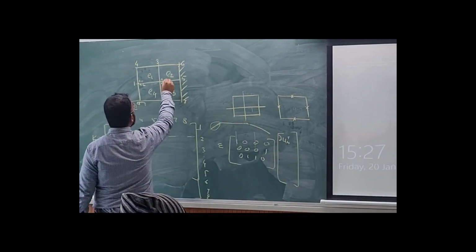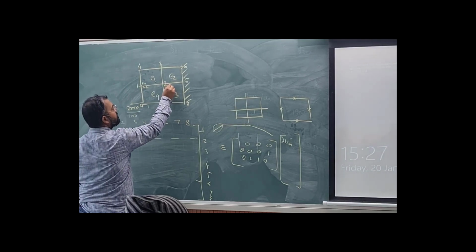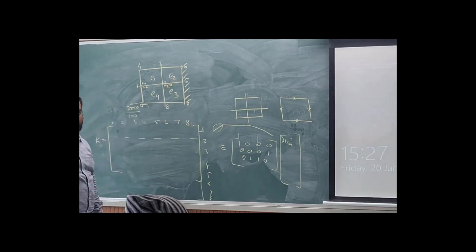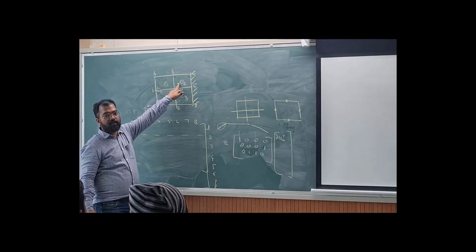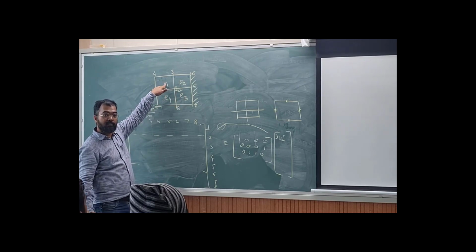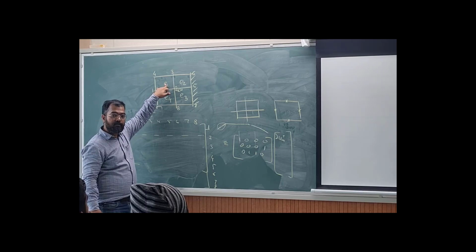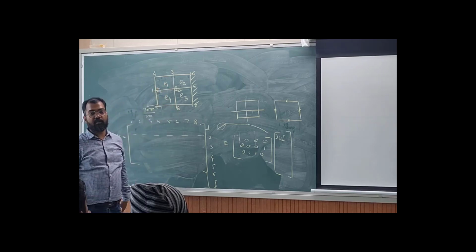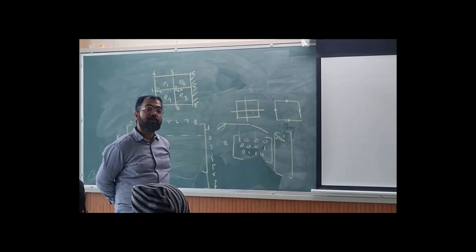In this one also I will get K21 and K22. It is also coming from this element, this element, this element, and that element. So what will be the real value of K21? The summation of all these.